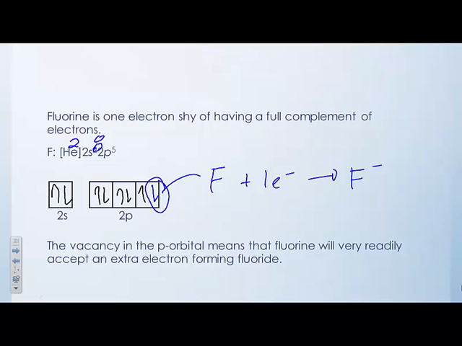So again, the vacancy in the p orbital means that fluorine is going to readily accept 1 extra electron, but would not accept 2 electrons or 3, but exactly 1. Oxygen finds itself 2 electrons short of having that magical filled configuration: 2s2, 2p4.